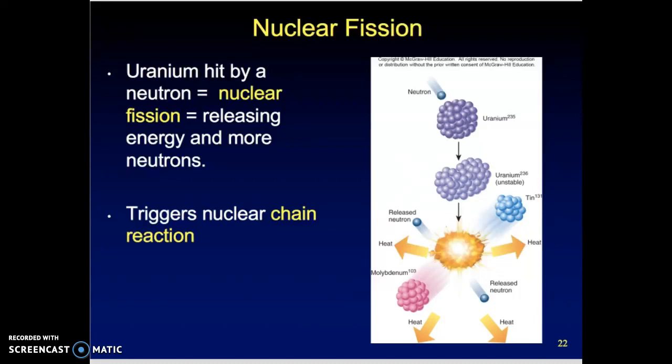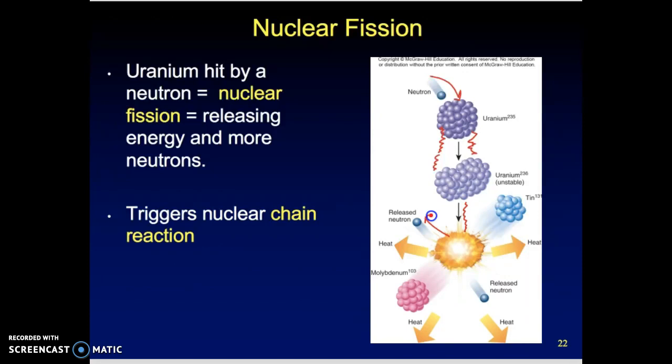So uranium gets hit by a neutron. Remember our chemistry again: protons, neutrons, electrons. We hit uranium with a neutron, and let's follow that path up here. Let me get red for this. Here's our neutron. Hit the uranium. Uranium becomes unstable. And as it becomes unstable, it starts to break down.